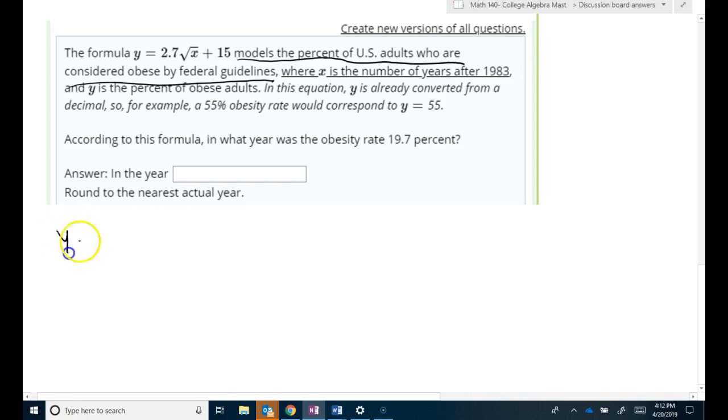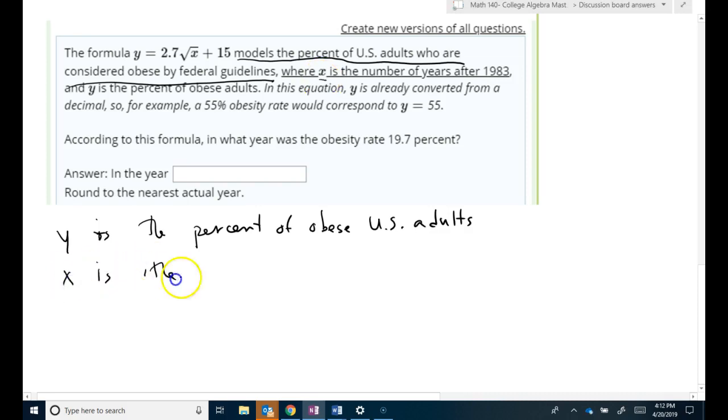So y is the percent of obese U.S. adults. And then it says where x is the number of years after 1983.